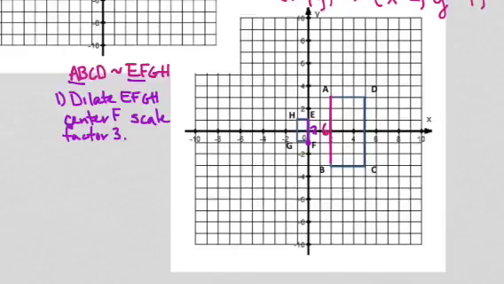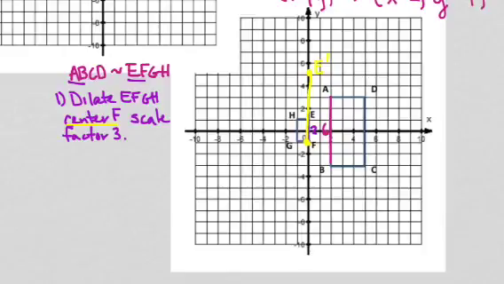So that means EF now becomes 6. And since my center is F, instead of 2 up from F, I'm going to go 6 up from F. So this is going to be my E prime.